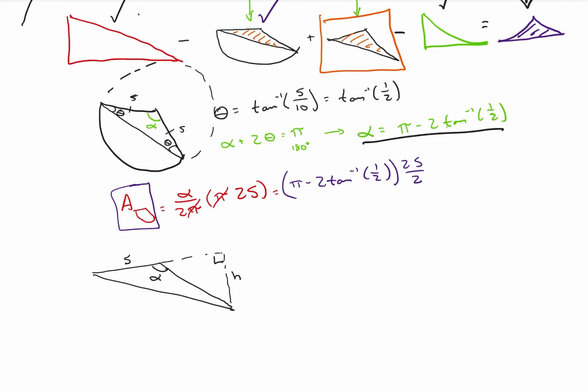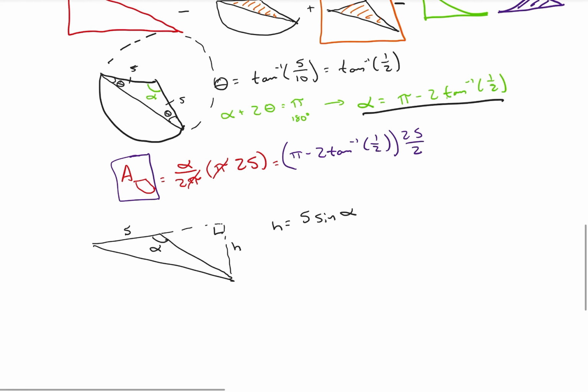So my height is going to be 5 times sine of alpha. So if I'm looking at alpha now, alpha is, so I'm taking sine of pi minus 2 arctangent of 1/2.